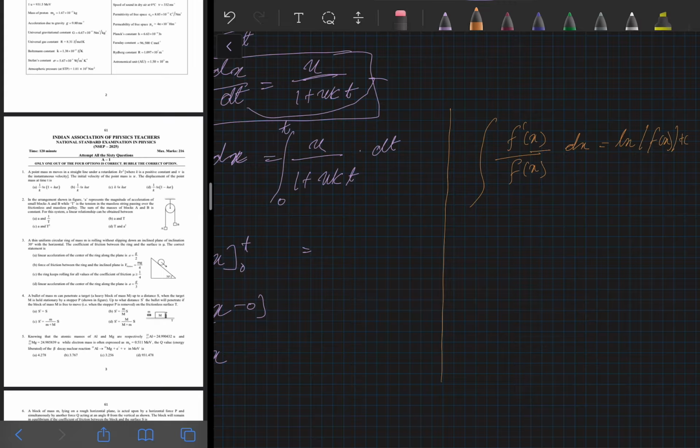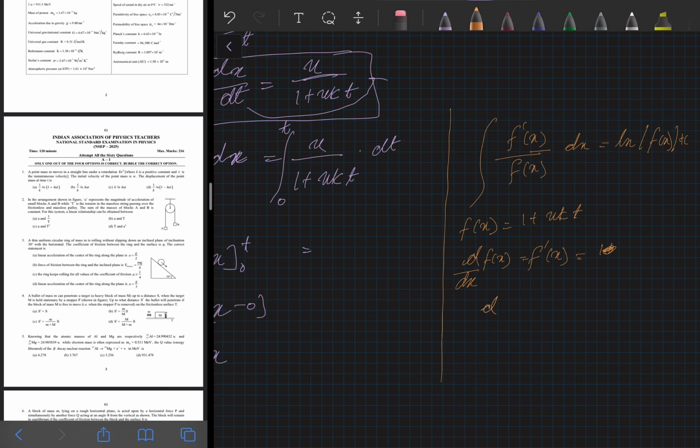Let us check. Suppose f of x is equal to 1 plus ukt. If we differentiate, d/dx of f of x is nothing but f dash x. What would it look like?